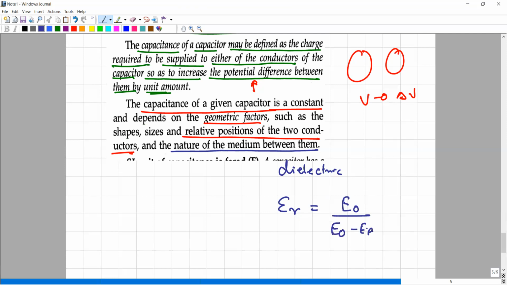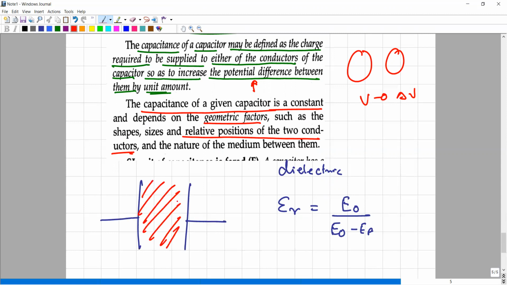I hope you remember this expression. So again, what is the nature of the medium that you have kept between the conductors? For example, if you have a parallel plate capacitor and you have kept a medium between the plates of a dielectric constant, that is ER, that also is taken into account.